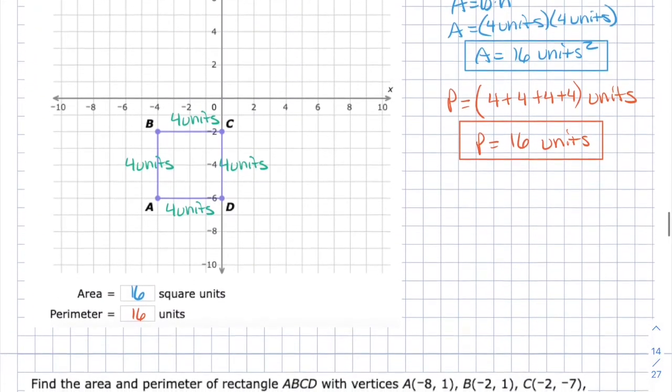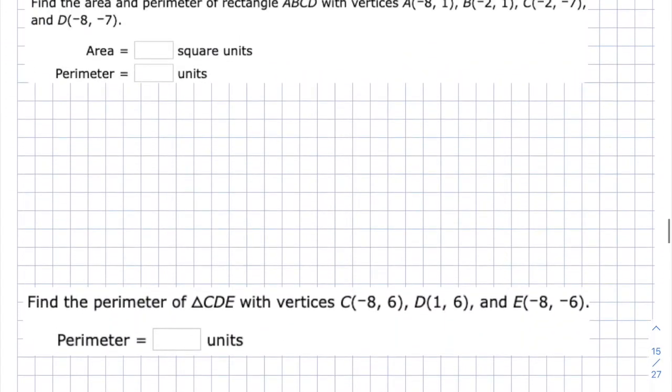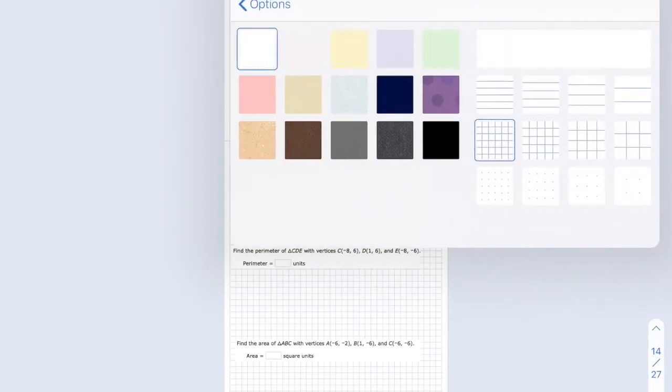Is that going to make all of them graphing? Ooh, I didn't know that. I don't want that. Okay. Let's see. What can I do? Paper. I want it to be regular.